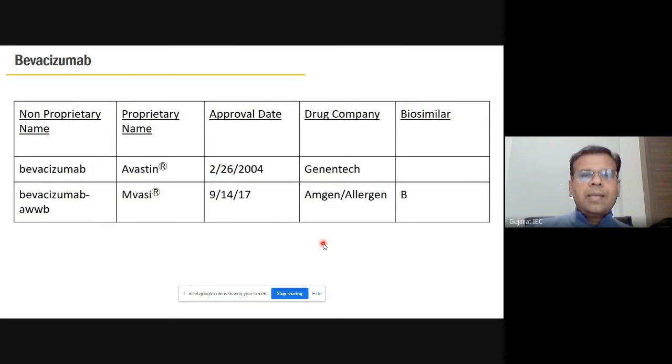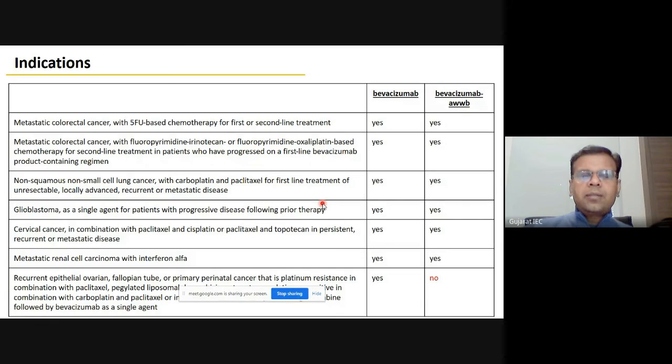Similarly, for bevacizumab, the innovator is Avastin in 2004, and then we have one from Amgen, and that's typically a biosimilar. The original one is indicated for all these different types of cancers, maybe small cell lung cancer, non-small cell lung cancer, colorectal cancer, glioblastoma, cervical cancer, renal cancer, ovarian cancer.